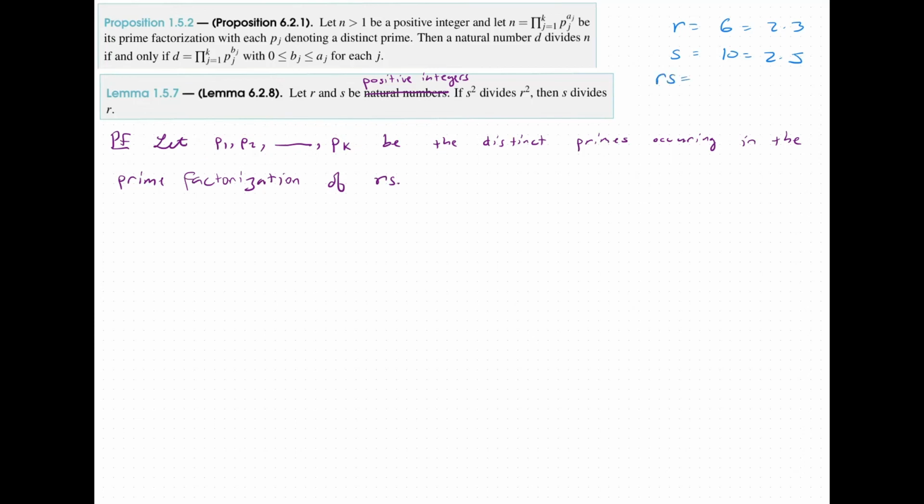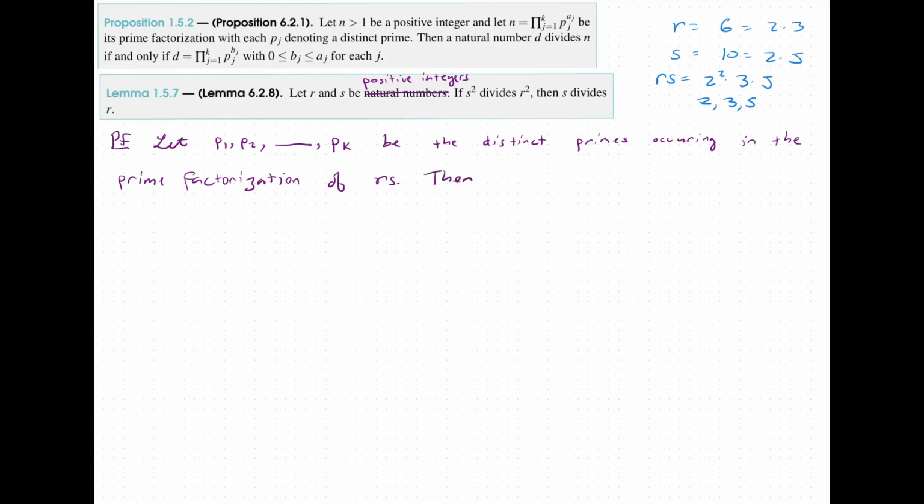If we take r times s, this is going to be 2 squared times 3 times 5, so we get 60. But now I only want to look at the distinct primes: 2, 3, and 5. And so we're going to have p1, p2, and p3. And so the primes of r times s are p1, p2 through pk.